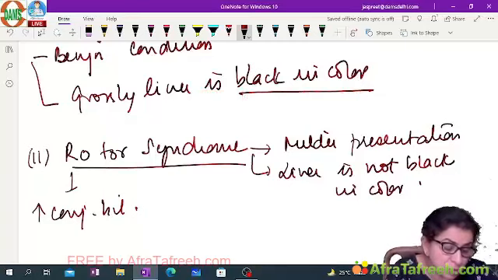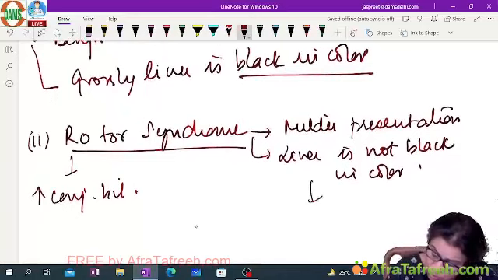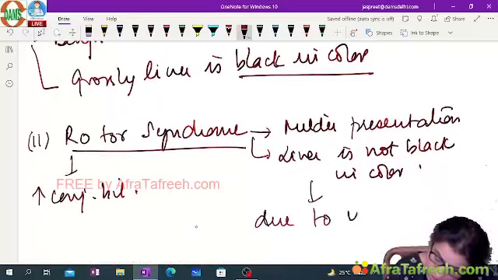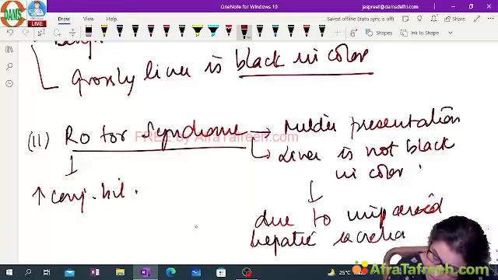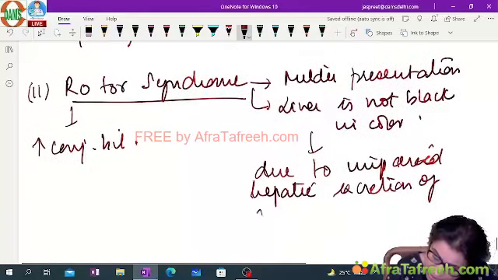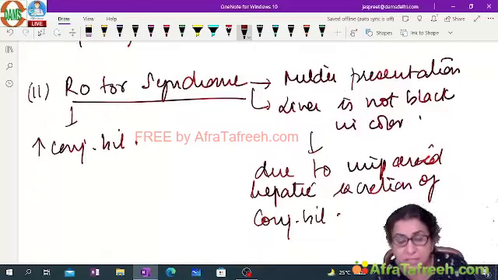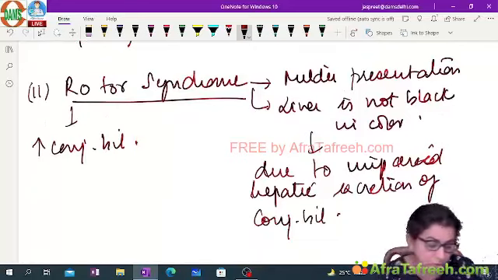And this is, again, due to impaired hepatic excretion of conjugated bilirubin.